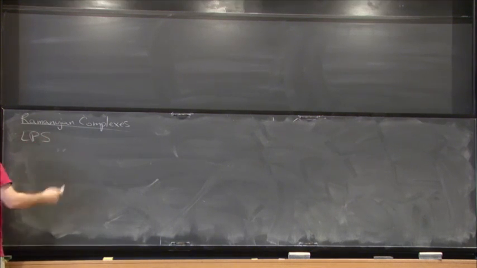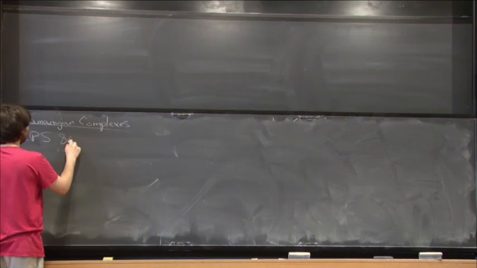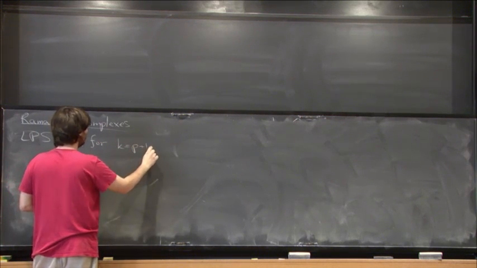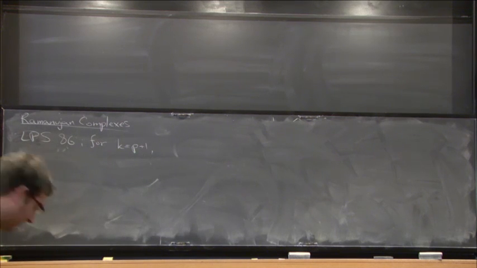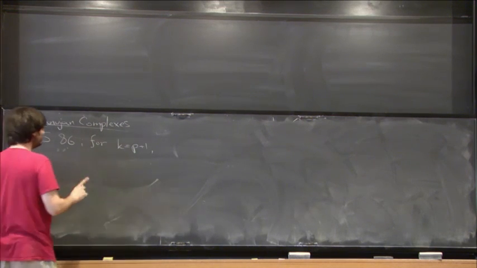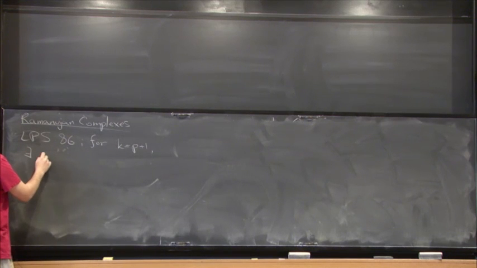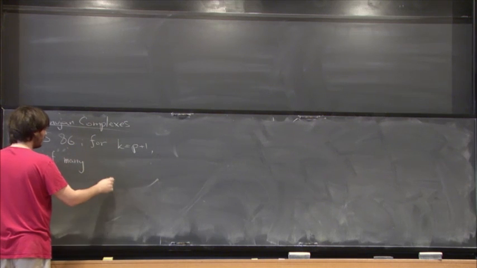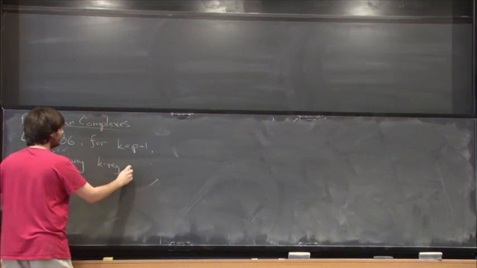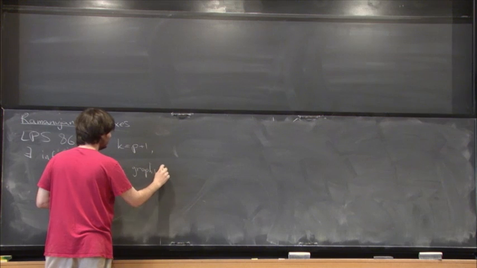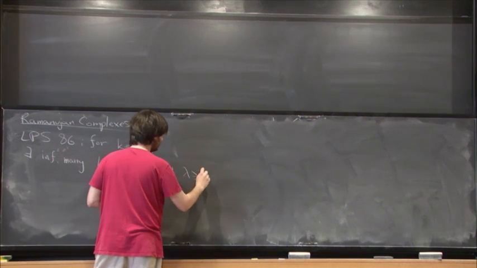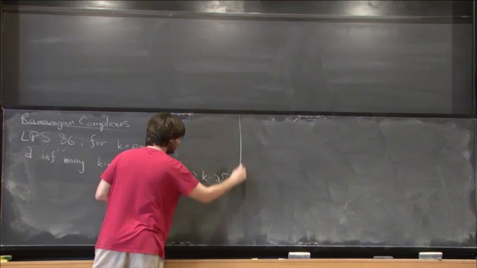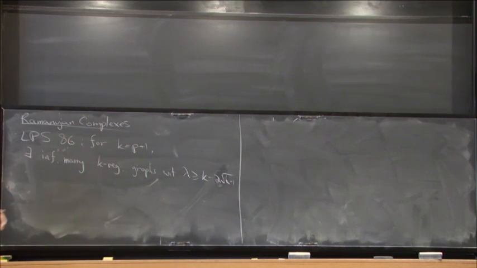Let's start with Lubotzky, Phillips, and Sarnak in '86, who constructed, for k equals p plus 1, for every such k, or I think only if p is 1 or 3 modulo 4, infinitely many k-regular graphs which beat the Alon-Boppana bound.